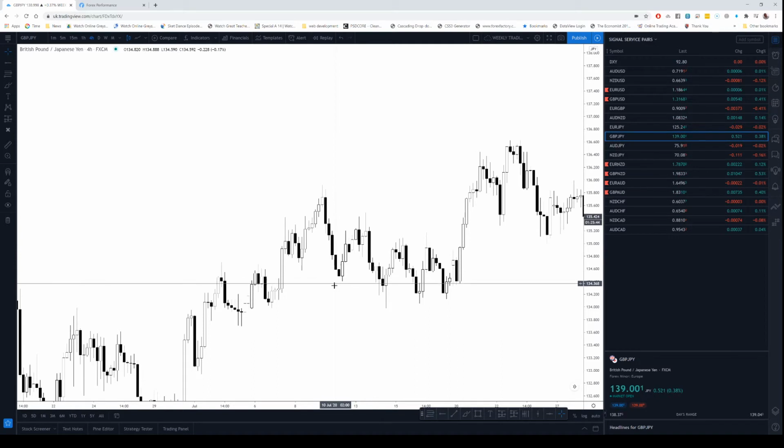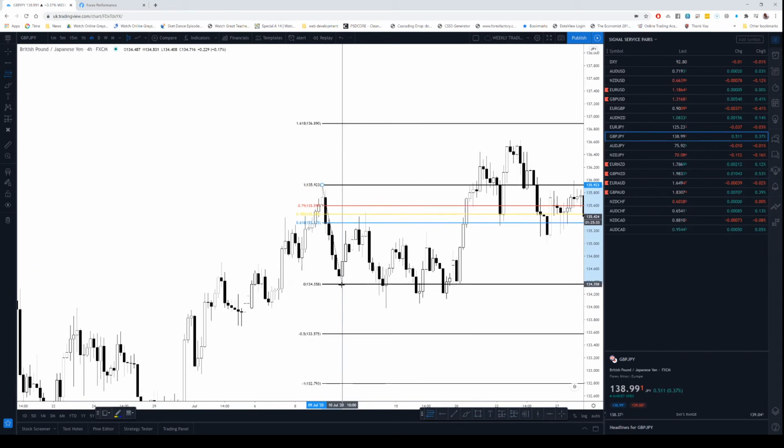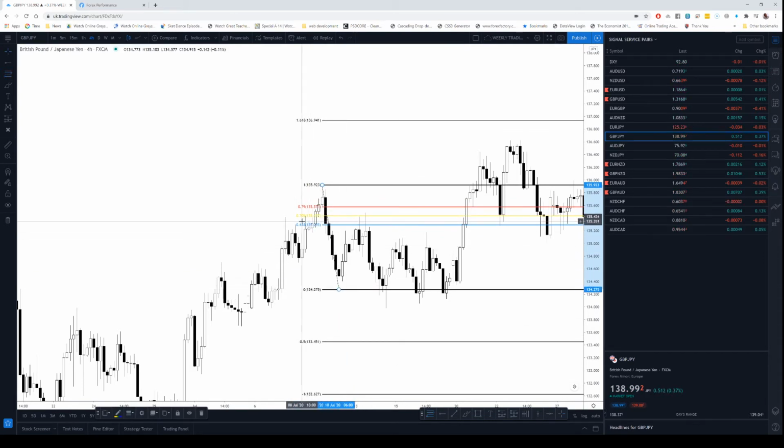So all you have to do is wait for retracements. If you don't understand smart money, you can use the Fibonacci tool and say, once we retrace to the 618 level, I'm going to start looking for sells on my execution time frame, which will be the 15 minutes.